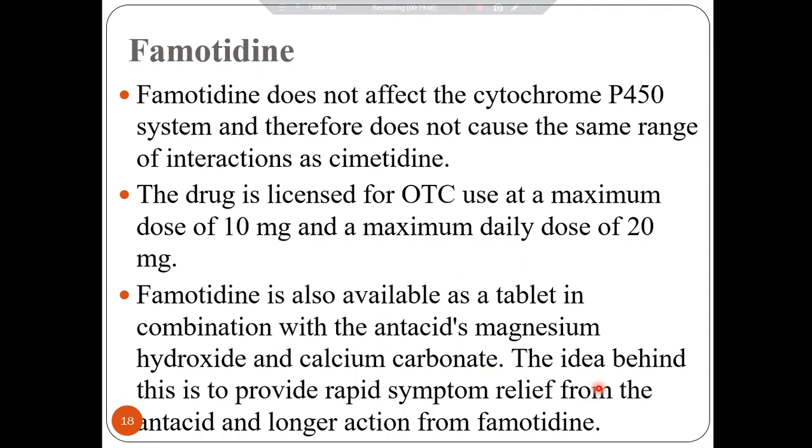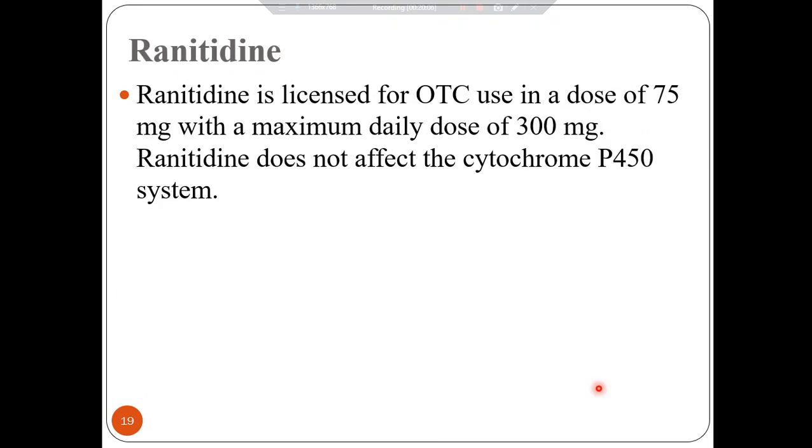To gain rapid relief of the symptoms we use the antacid because it has a rapid onset of action, while the famotidine provides the longer duration of action. Ranitidine is licensed for OTC use in a dose of 75 mg with a maximum daily dose of 300 mg. Ranitidine does not affect cytochrome P450 as cimetidine does.